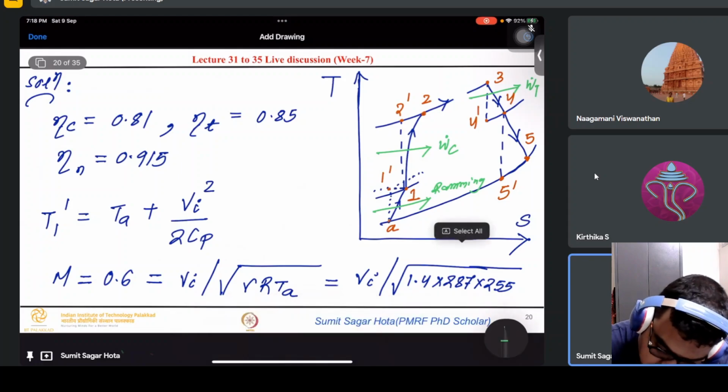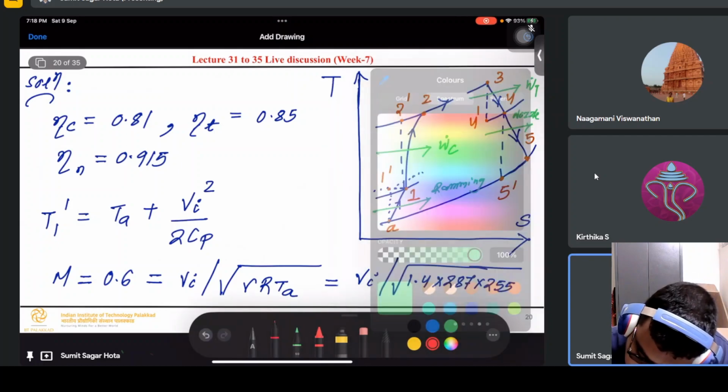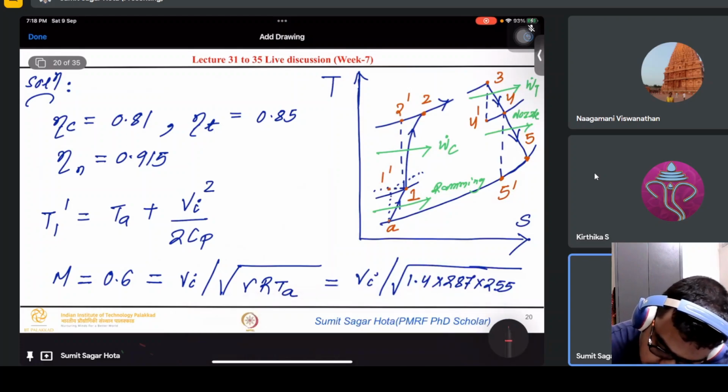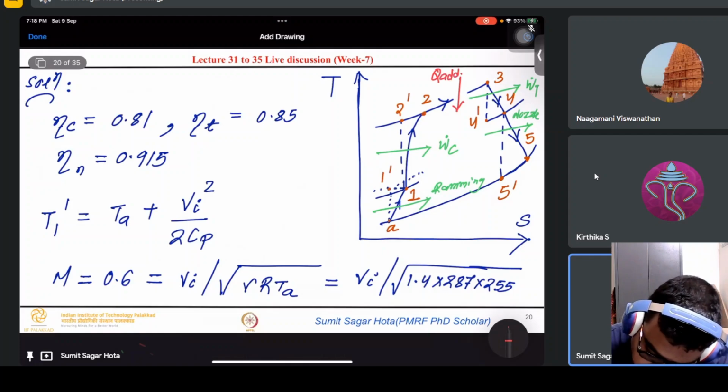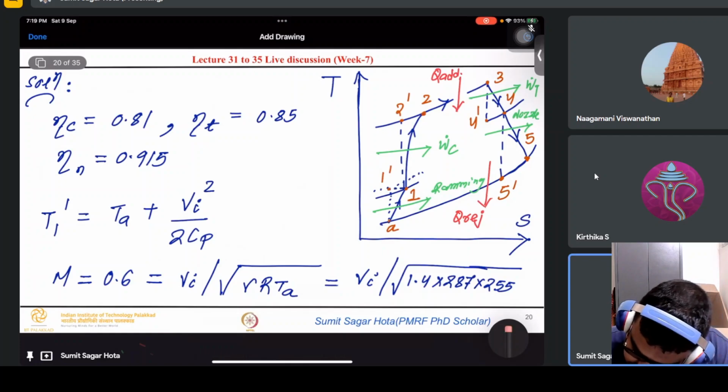One more. Here nozzle. Here heat addition, here heat rejection. That means 2 to 3 is heat addition, and 5 to A is your heat rejection.